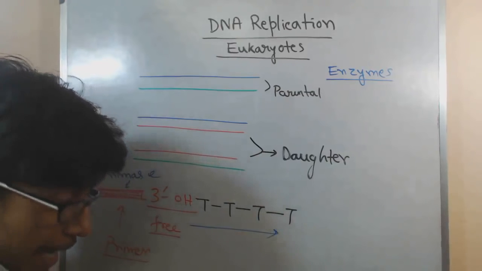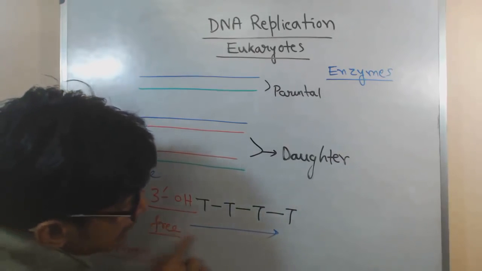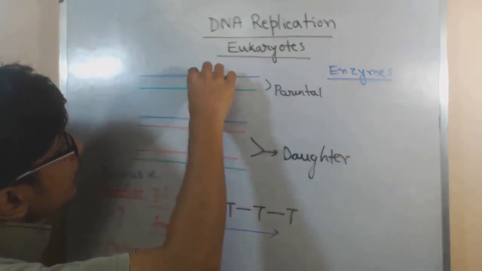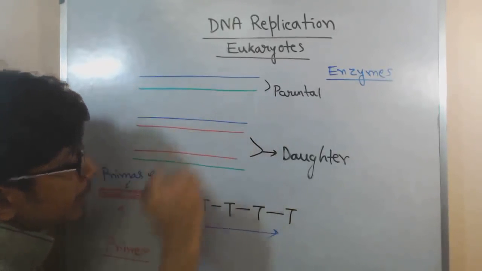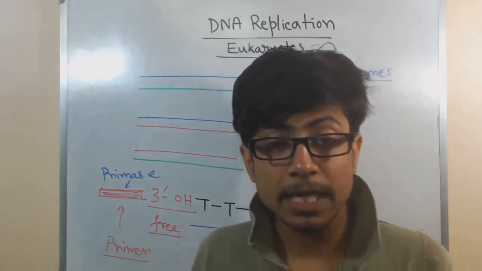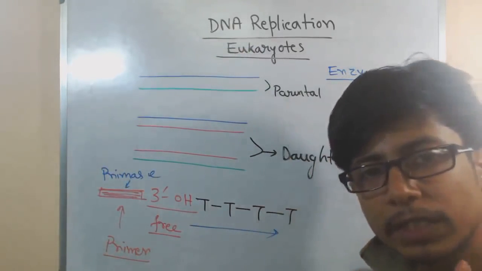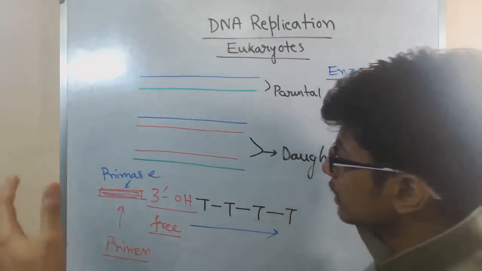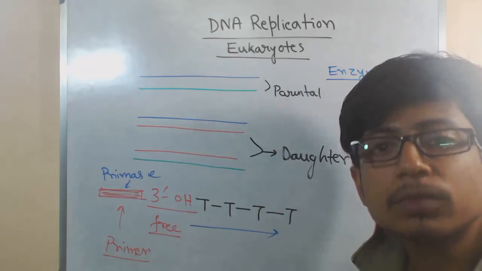Now, where exactly do they elongate? I mean, in which direction do they elongate? The answer, in all cases of DNA replication in prokaryotes as well as eukaryotes, is that the directionality is 5' to 3'.